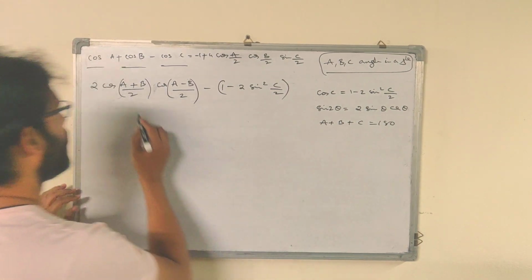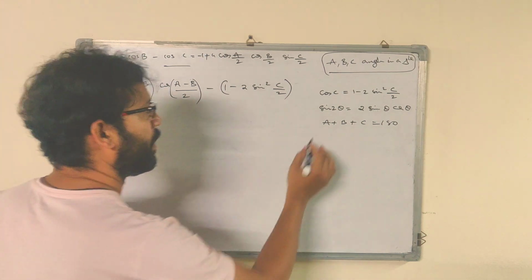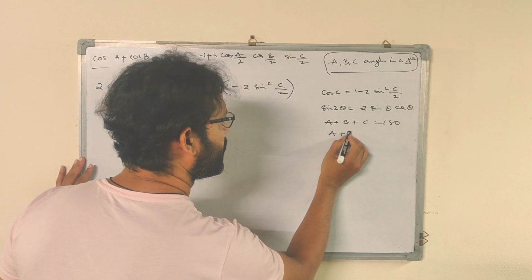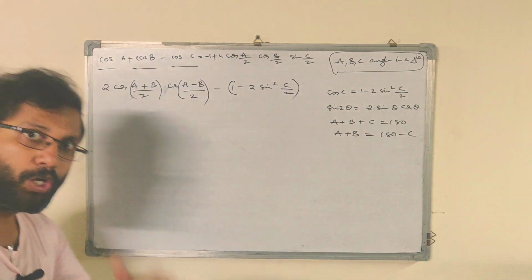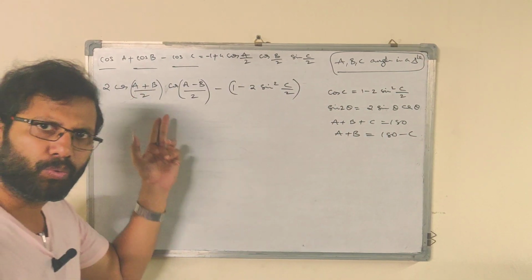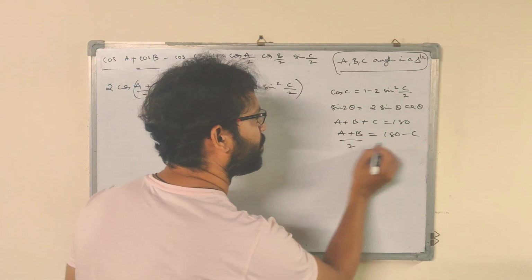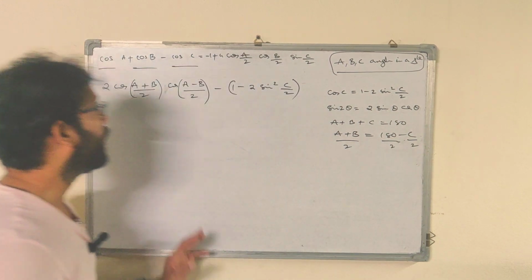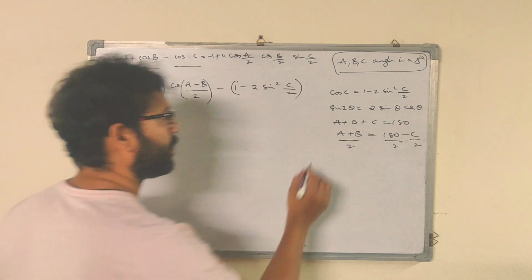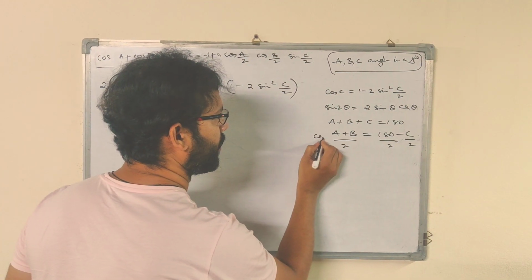So, how do we change? We have A plus B only. A plus B as it is, we can write this as 180 minus C. And also we have (A plus B)/2, so we'll write it here by 2, by 2, by 2. And also we have cos, so we'll be applying cos here.